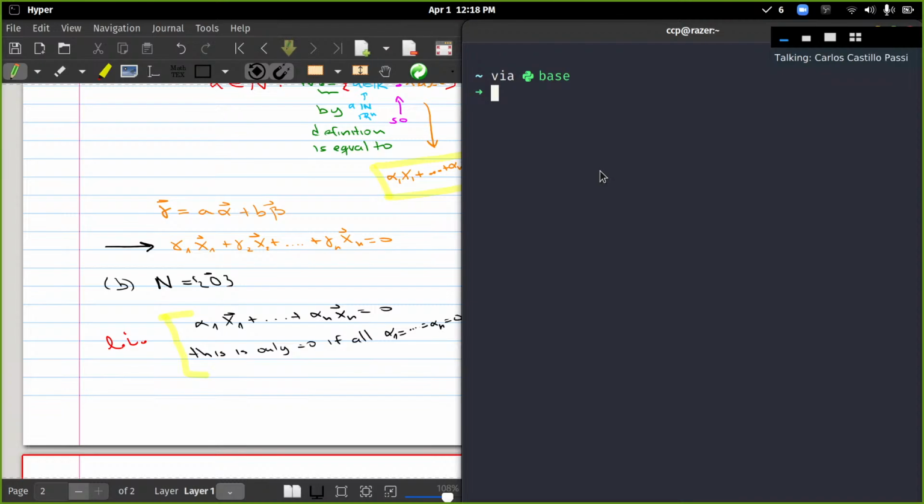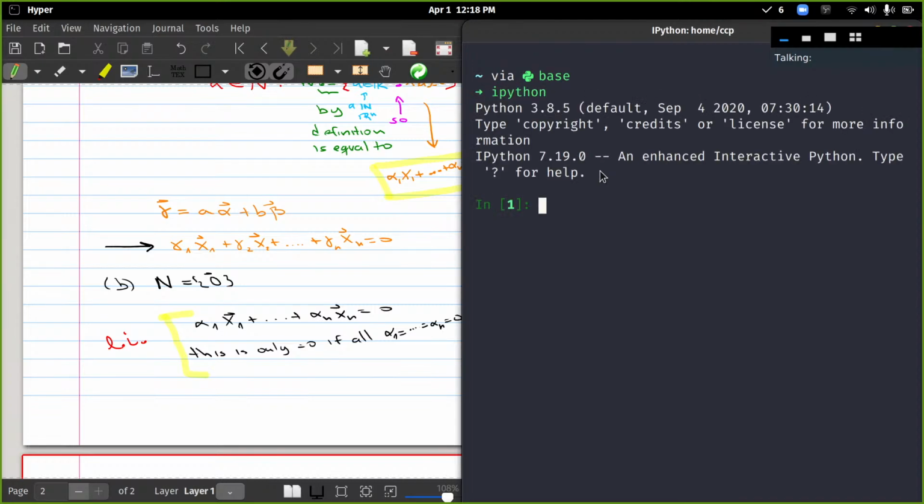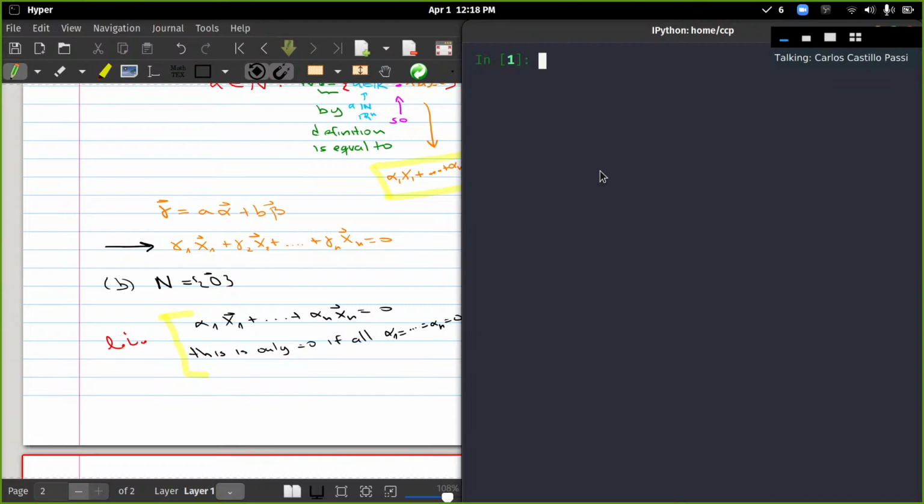Okay, for example, if we are in Python, here I have Python. From NumPy import arange. t equals arange.